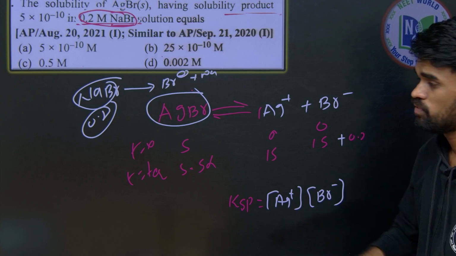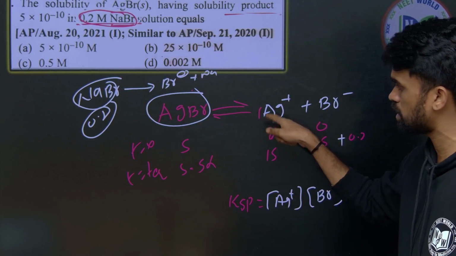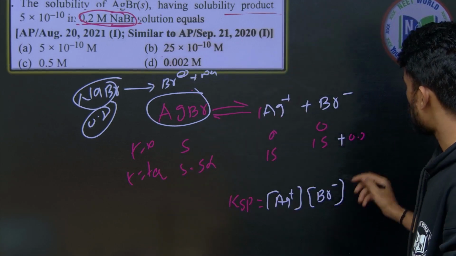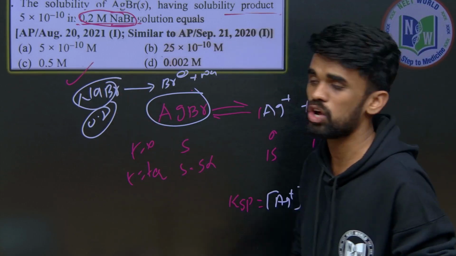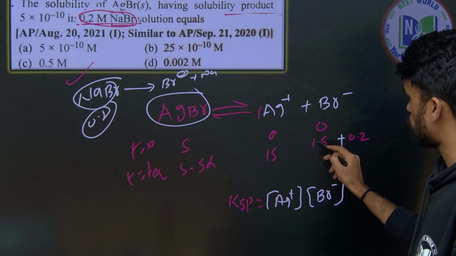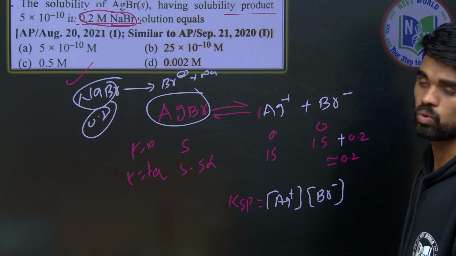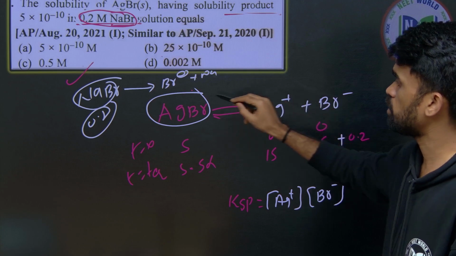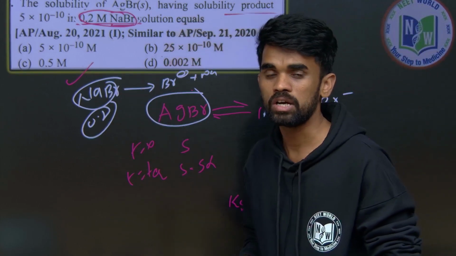But I told you, whenever we add a strong electrolyte to these weak electrolytes, its dissociation or its solubility decreases. So if it is decreasing, the concentration of Br minus is completely considered from the strong electrolyte. So 1S plus 0.2 is considered to be 0.2 only, because the concentration of Br minus coming from AgBr is completely negligible when we compare with the strong electrolyte concentration.